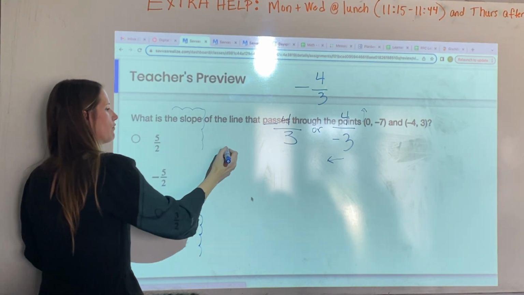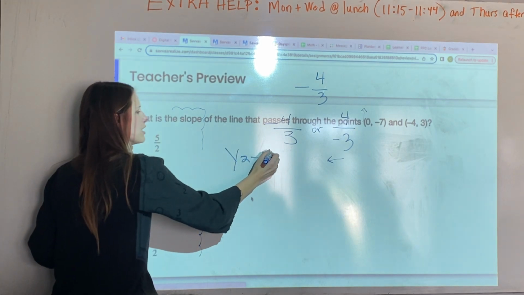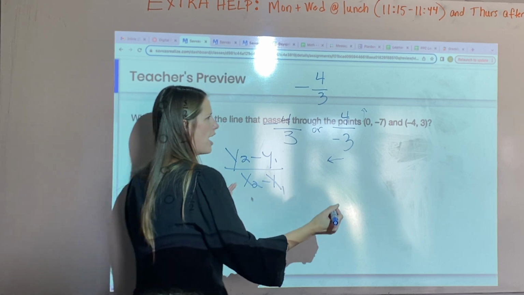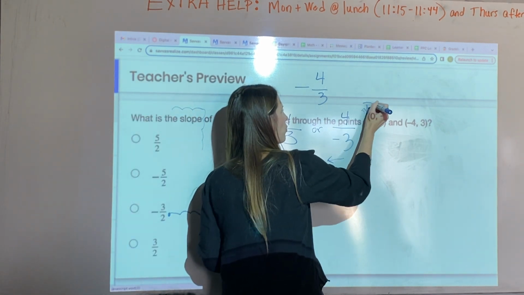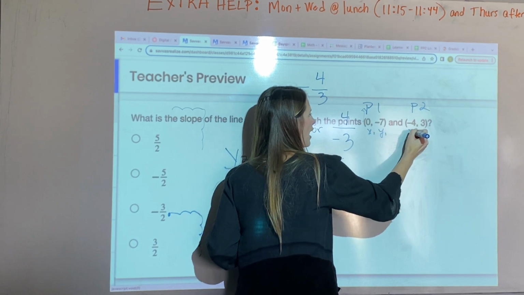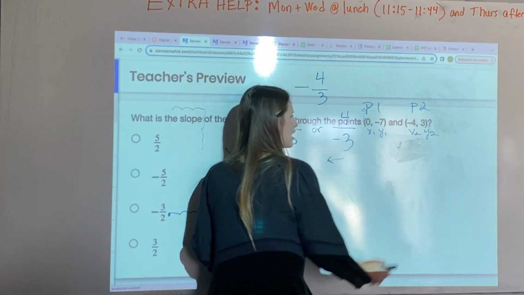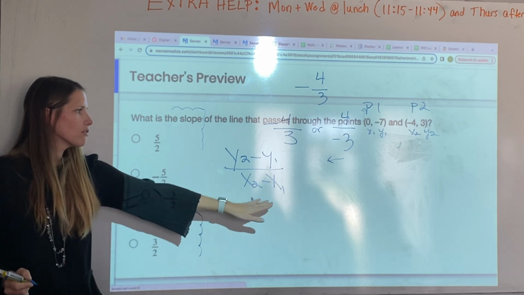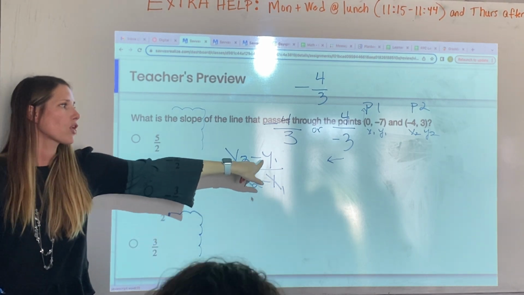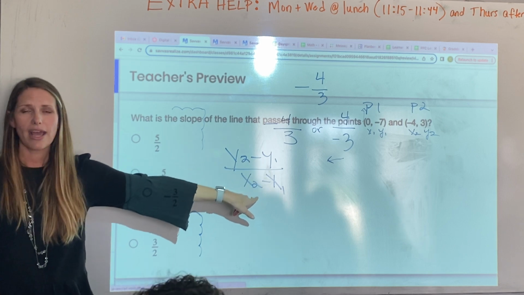You use your slope formula, y2 minus y1 over x2 minus x1. And if you want to be super organized, you can call this point 1 and point 2, x1, y1 and x2, y2. You guys know how I like to keep everything organized like that, right? Then you just plug in your values, subtract your y's, subtract your x values.